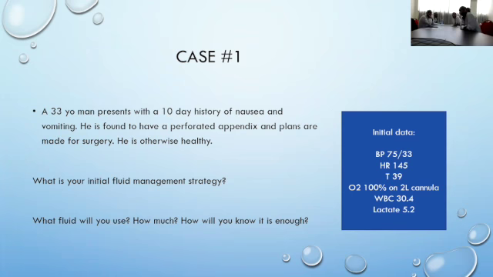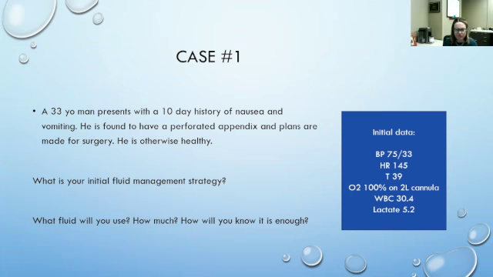This patient has been sick for the last 10 days, and he has nausea and vomiting, which is upper GI. So this will predispose the patient to upper GI loss, and our strategy is going to be a liberal method, since we have to replace the deficit.